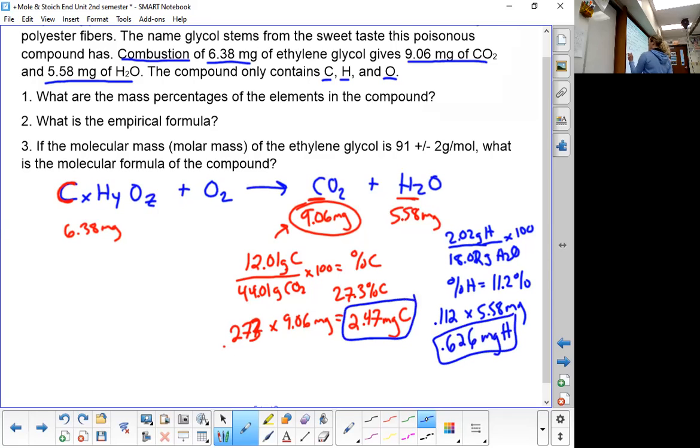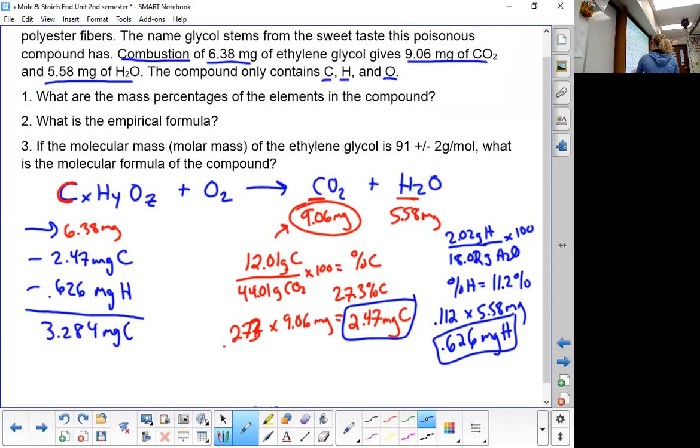So from the 6.38 milligrams, if we subtract 2.47 milligrams, which is carbon, and minus the 0.626 milligrams of hydrogen, we can get how many milligrams of oxygen are left over. And we get, your calculator says, 3.284 milligrams of oxygen.